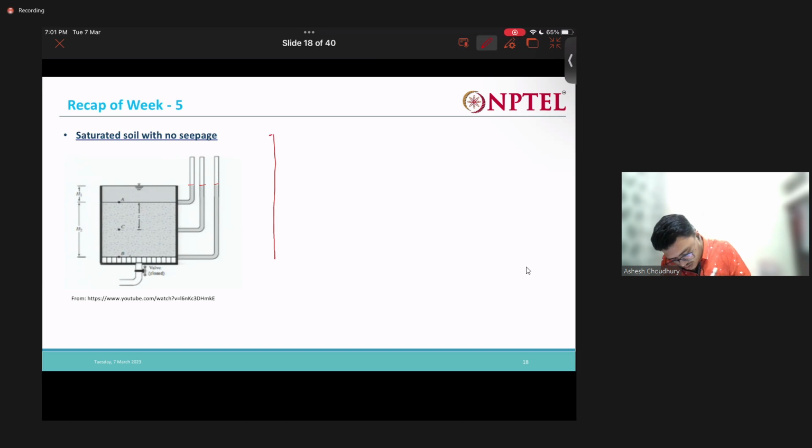This is the first point, then we have point A, then point C, then point P. Can you tell me what is the total stress here at the top?